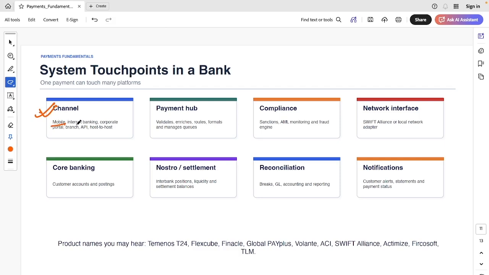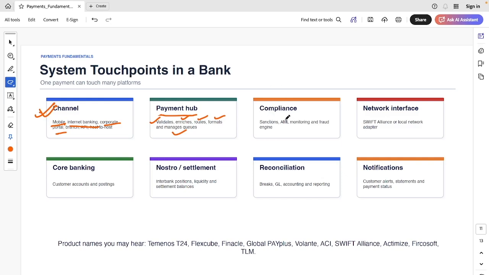It could be a mobile banking app, an internet banking app, a corporate portal, or an API as well. Then the stage where validation, enrichment, balance check and all those things are done happens in the payment hub. You can see there is validation, enrichment, routing, formatting, and managing the queue. So the payment hub is one kind of system.